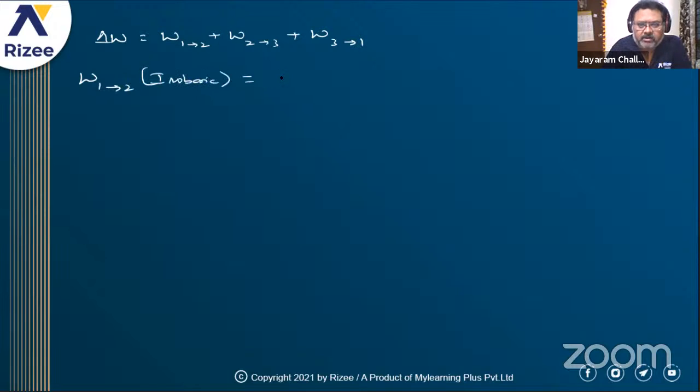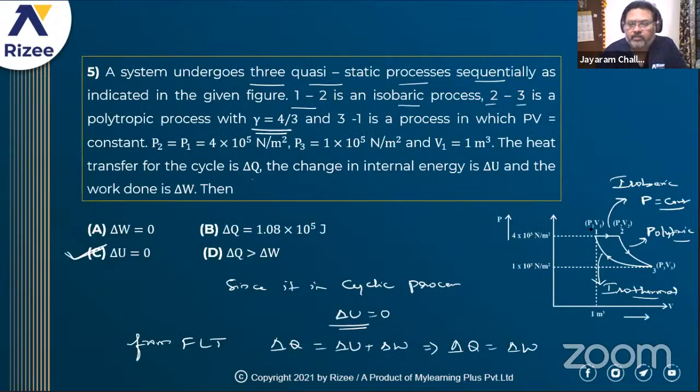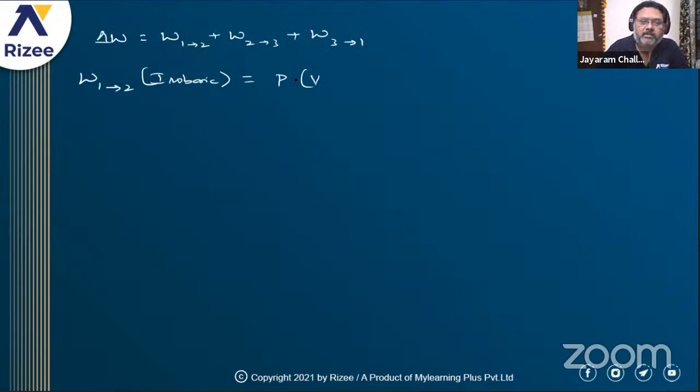So what is the work done relationship under the isobaric process? Pressure is constant, volume we have to go from 1 to 2. So P1 and P2 are the same values, and this can be written as P1 into (V2 minus V1).